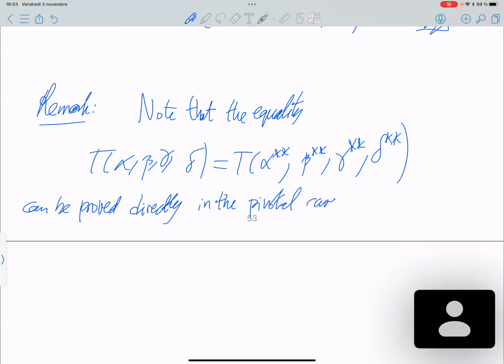In the pivotal case, remember that alpha double star can be replaced by alpha, adding some pivotal structure.